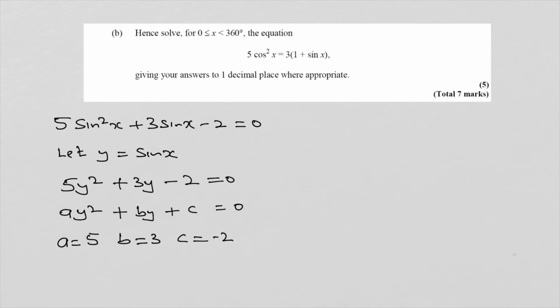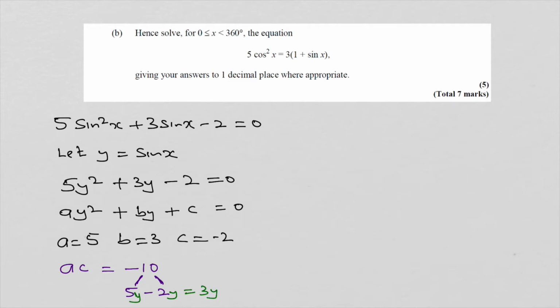2. In order to factorize this, we need to find AC, and AC is minus 10. I need two numbers that multiply to give minus 10, and when I add them together, it will be plus 3, and that will be 5 and minus 2. So if I put y here and y there, that will be equal to 3y.